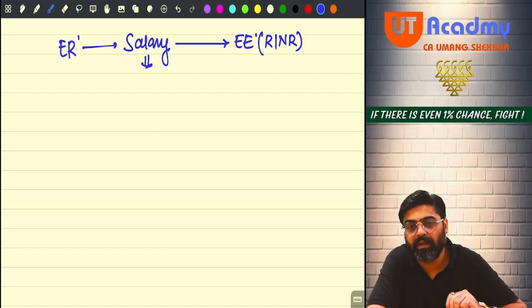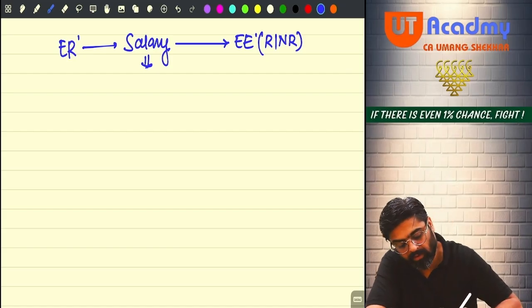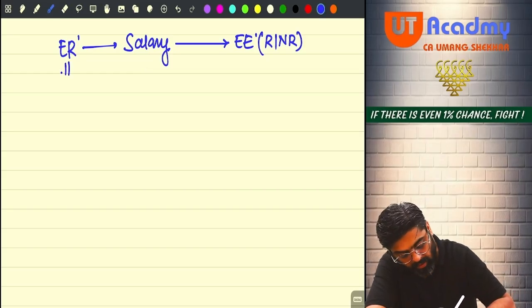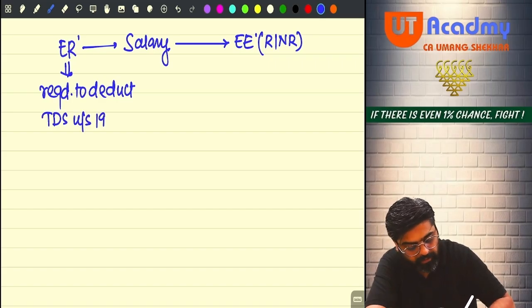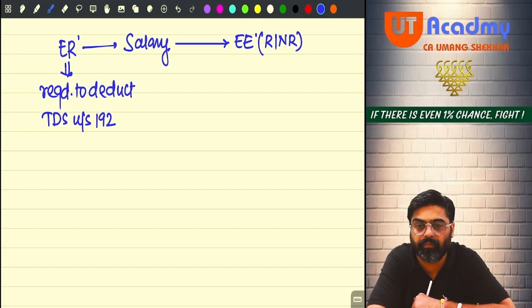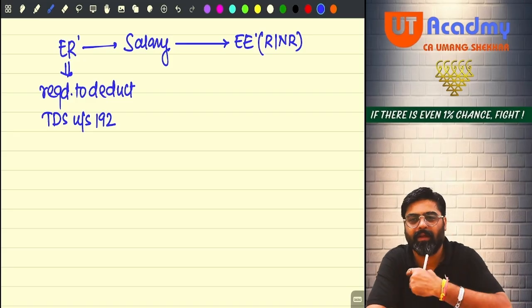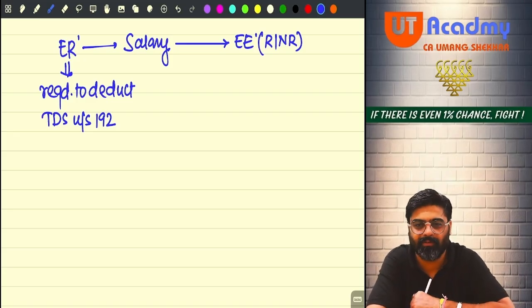Now, on this salary, the employer is required to deduct TDS as per section 192. There is one section 192. In the TDS chapter, we are going to learn this section in detail. But right now, I'm just giving you a basic idea about section 192 so that we are able to solve this question which we are doing right now.